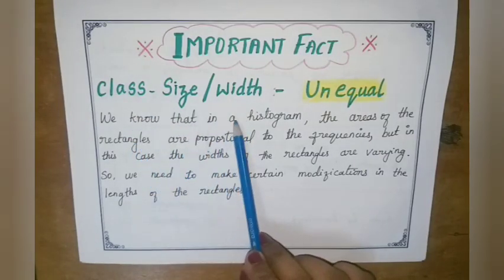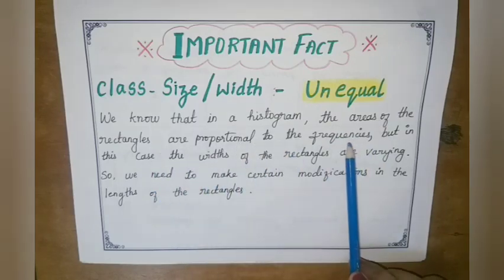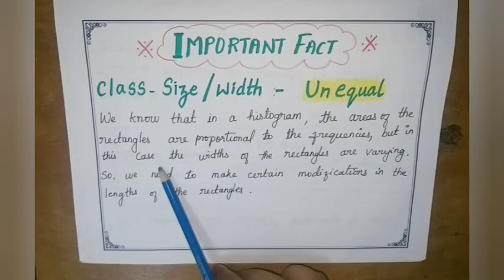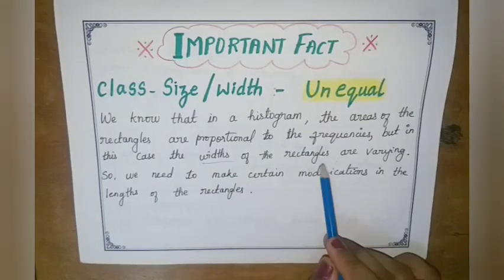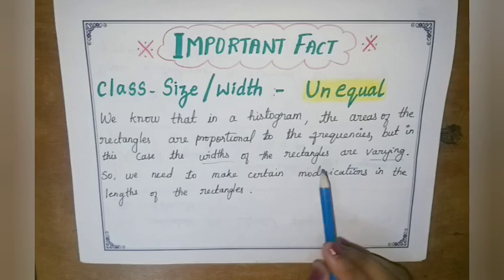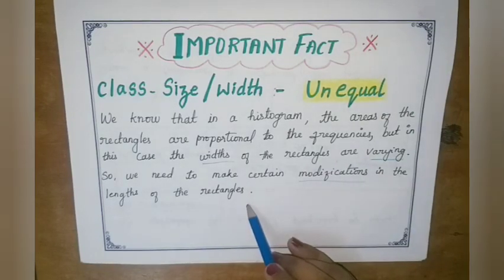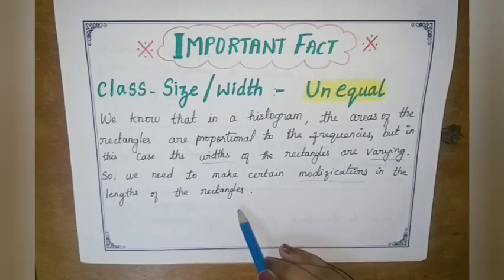We know that in a histogram, the areas of the rectangles are proportional to the frequencies. But in this case, the widths of the rectangles are varying. So we need to make certain modifications in the lengths of the rectangles. We are going to use one formula to calculate the length of the rectangles.